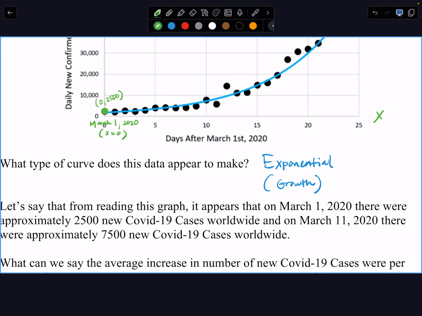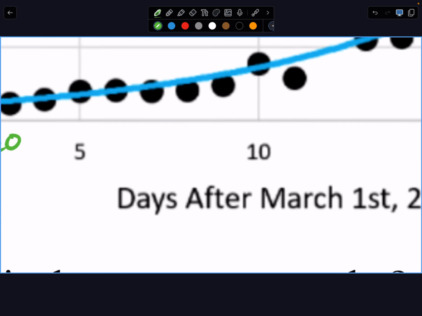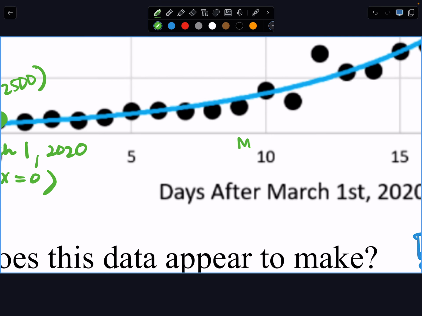On March 11th, 2020, there were approximately 7,500 new COVID-19 cases worldwide. What x value would correspond to March 11th, 2020? 10. So this point right here would be (10, 7,500).